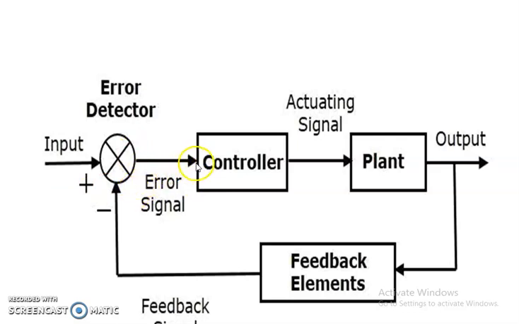The error signal is passed to the controller, then the controller amplifies and provides actuating signals. These actuating signals are then passed to the plant, and at the output of the plant we get the output. Then any deviation or error in the output side will be fed back negatively to the summing point or the detector of the summing point.